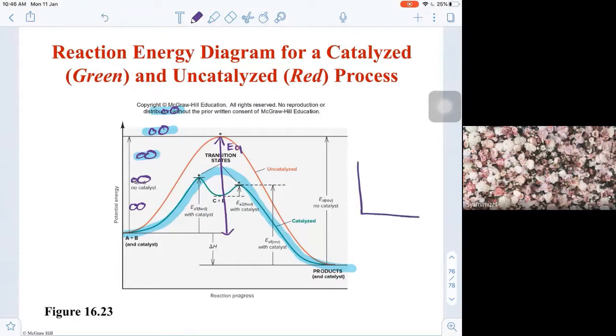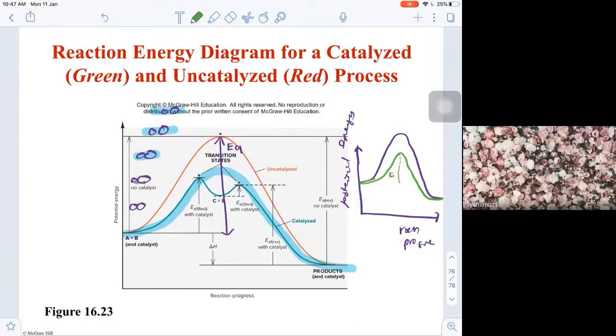I'll redraw it. It is potential energy versus reaction progress. Let's say this is the uncatalyzed one. The catalyzed one starts from the same point, but it is lower, and ends at the same point. Then you have to label.